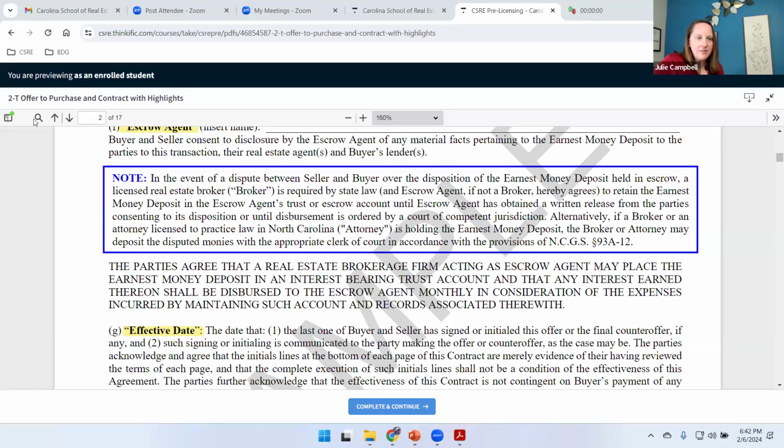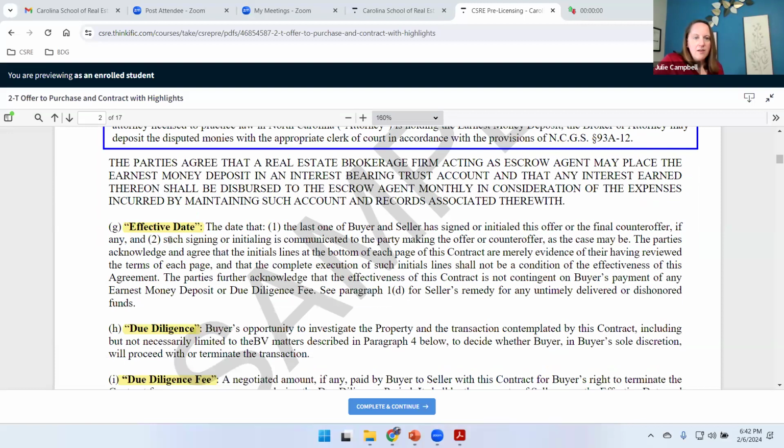Still defining things. The effective date. The contract defines the effective date as the date that the last one has signed, and two, such signing is communicated to the party making the offer. So remember what we just said a few minutes ago.